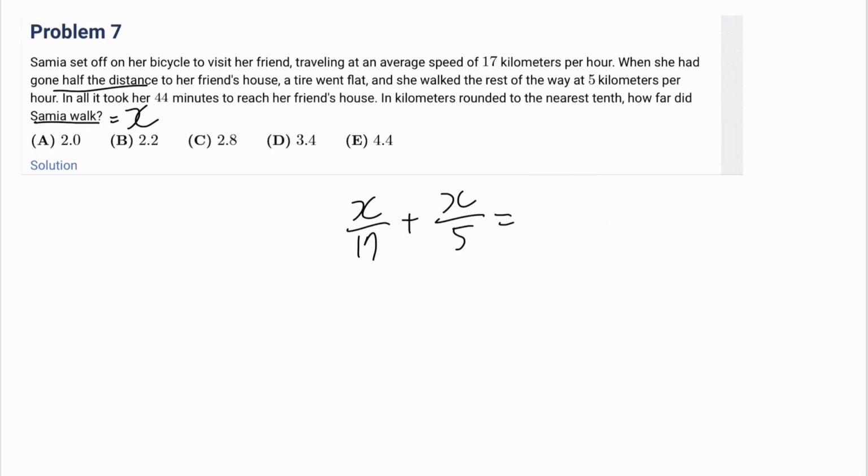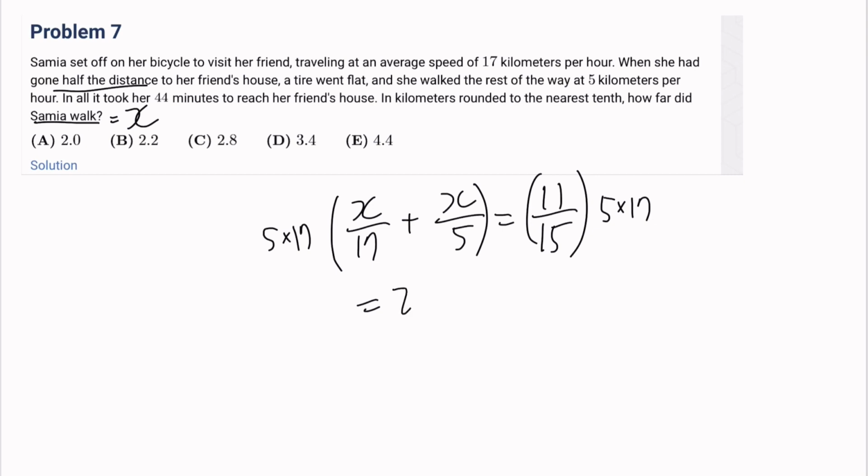And so we can divide by 4, and that will be 11 over 15, right? And so we can cross multiply, so we multiply by 5 times 17 to this and to this. Actually, this should be 5x plus 17x, and then we get 22x.